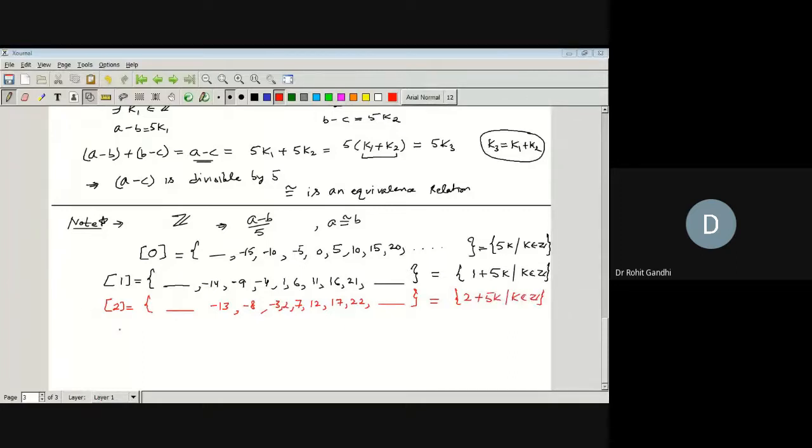Similarly, I can write the equivalence class of 3. Who will tell me? Ankush Sharma.